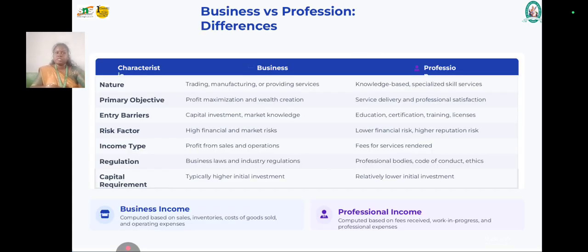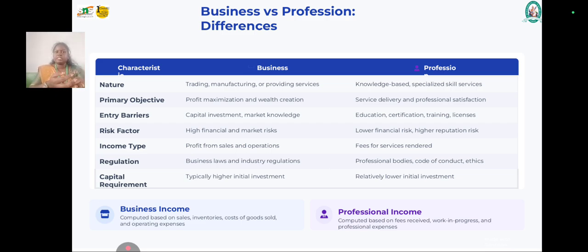So what is business and what is profession? The nature of business is trading, manufacturing, providing services, while profession is knowledge-based, specialized skill services. The primary objective is profit maximization and wealth creation for business, while service delivery and professional certification is for profession.